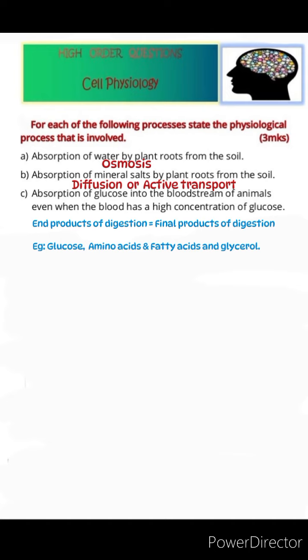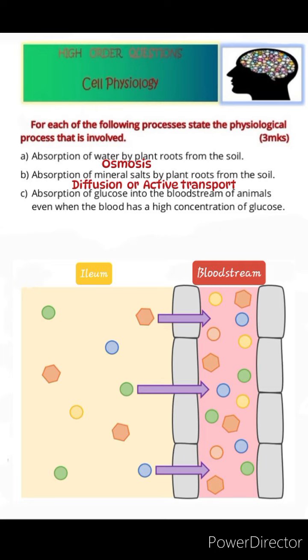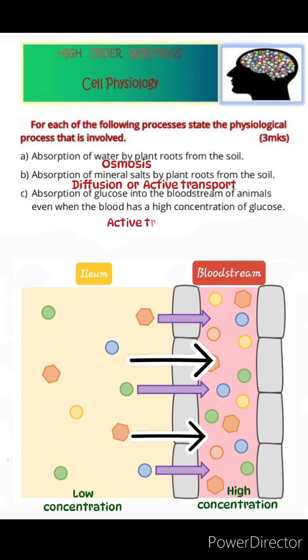Now, when absorption of the end products of digestion takes place, for example, glucose, it reaches a point whereby the concentration of glucose in the bloodstream is higher than in the villi. So, glucose will still be absorbed, but in this case, again, it's going to be absorbed against the concentration gradient. So, active transport is involved.